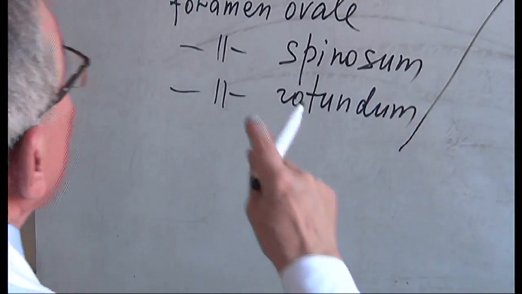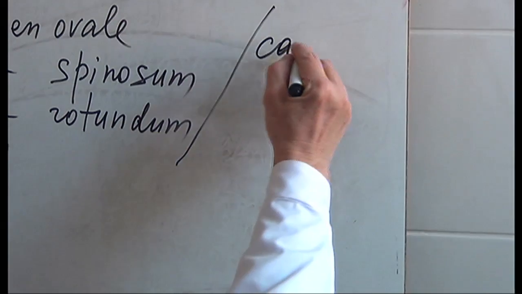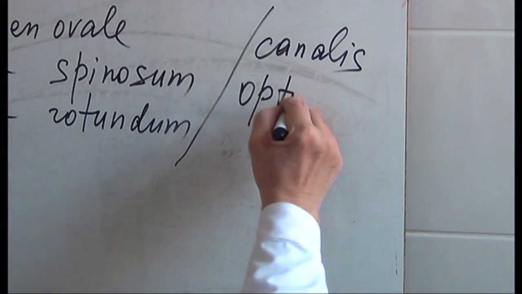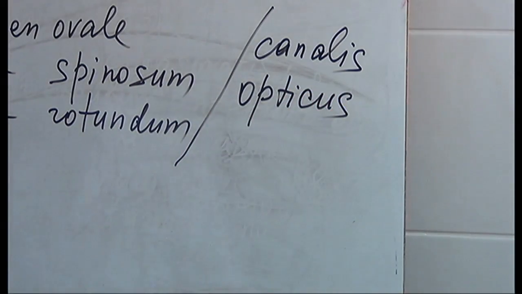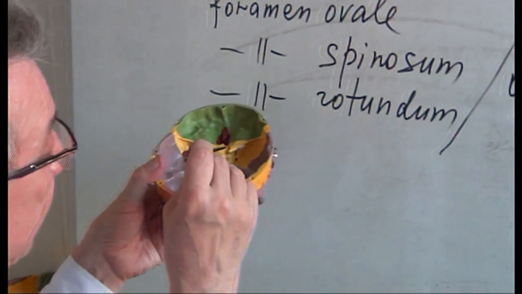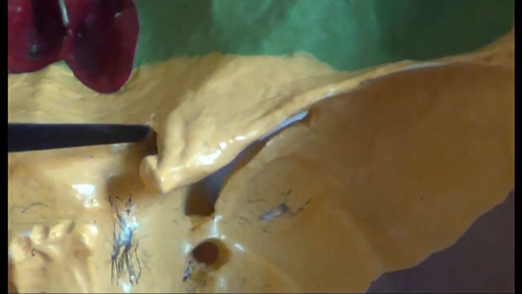Really, canalis opticus does not belong to alae majores, but it's easy to demonstrate it when you already found the foramen rotundum.